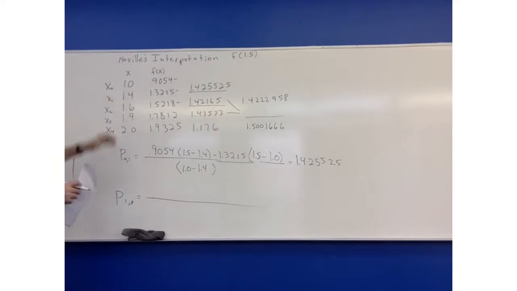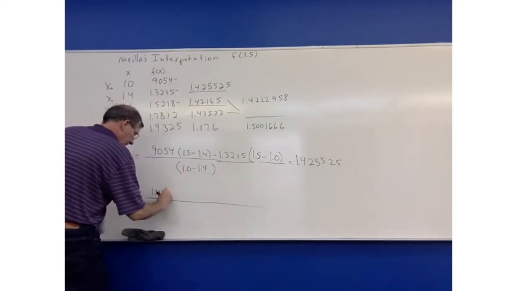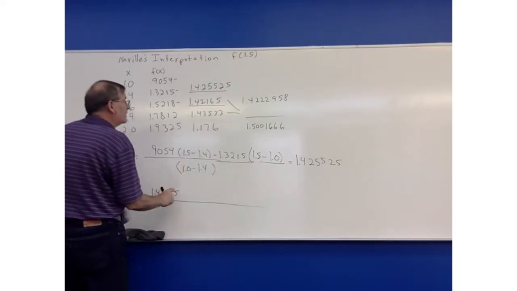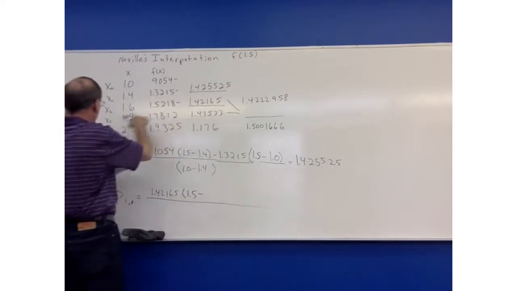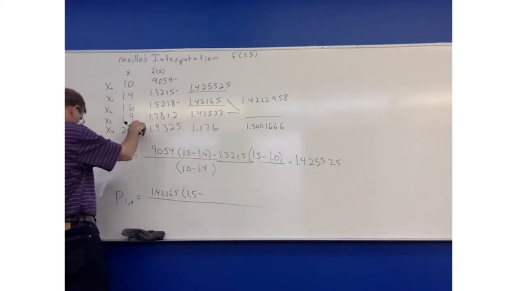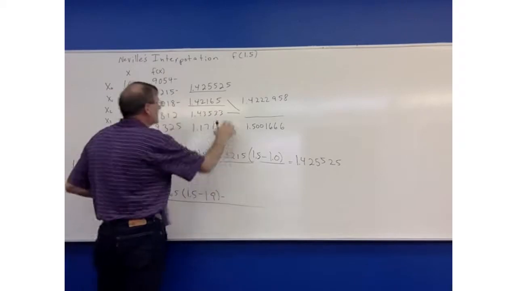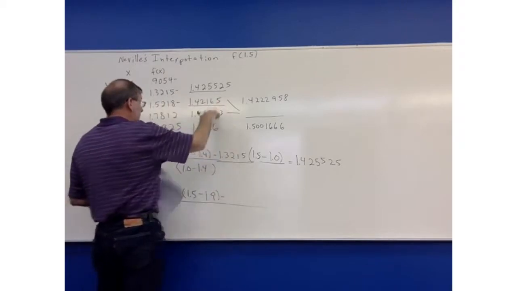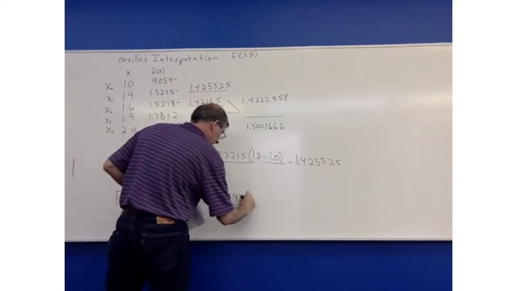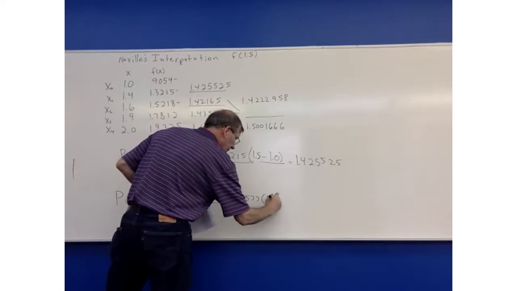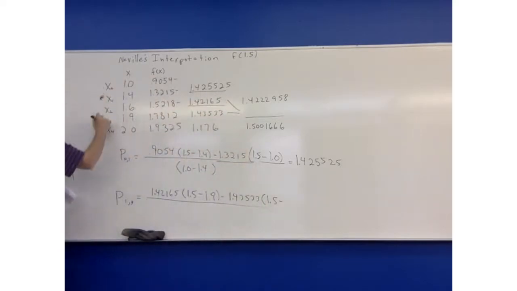Okay, so what do we do? We take the top number, 1.42165, times 1.5, which is what we're approximating. We're going to subtract off 1.9 here, minus, and then that was the top one, so now we take the lower number, 1.43533, times 1.5 minus our upper value, and I should have gone ahead and marked them like this.